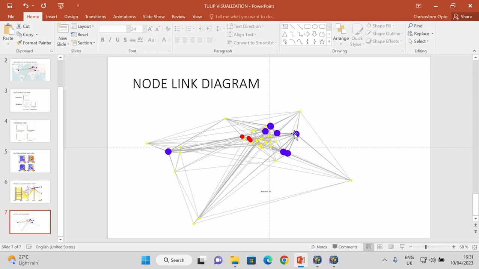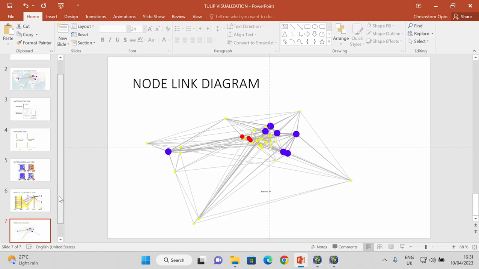Because once you reach the final and you even win, it means that you've played so many games. You've played the highest number of games in the tournament. So that's why they have very many links compared to the other groups, the people in red and those participants in yellow. So the node link diagram also helps us bring out that kind of information.